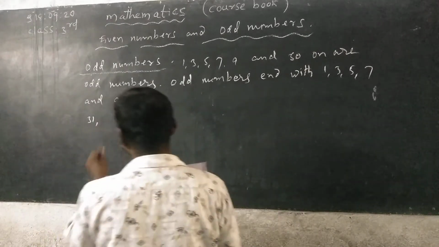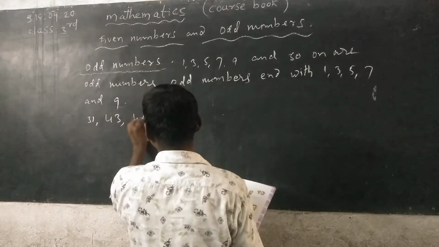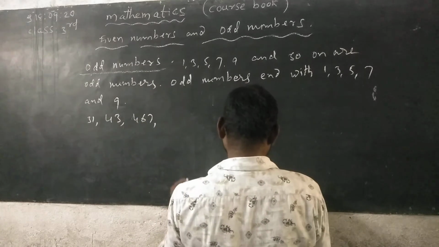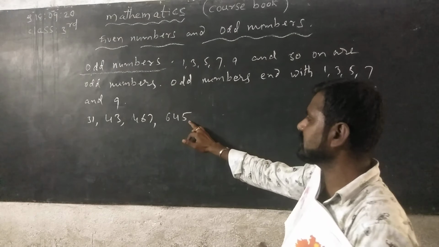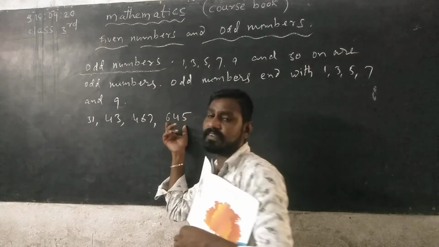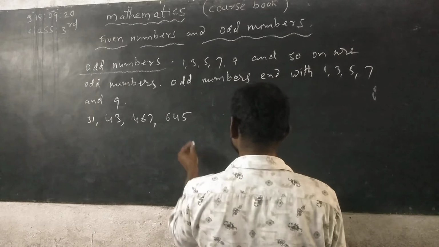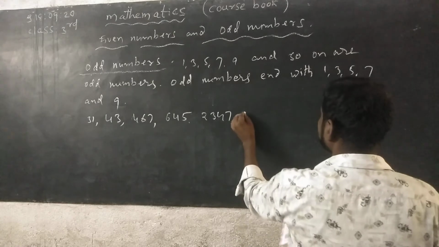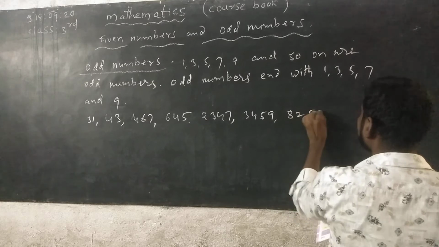Now next 43. Ends with 3. Next 467. Ends with 7. Next 645. Listen carefully. 645. 5 is in one's place. The given number ends with 5, so it is called as an odd number. Now next 2347, 3459, 8253.